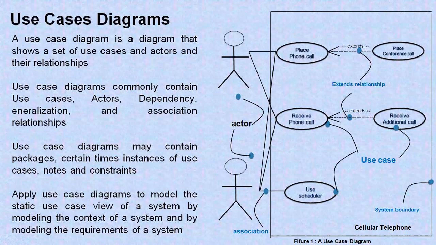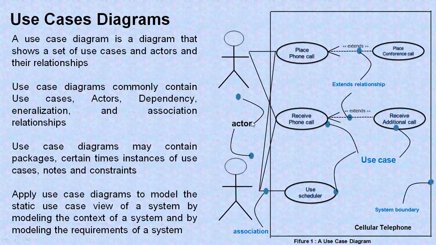In this figure, the subject is shown in a rectangle which contains the set of use case ellipses. The name of the subject is placed within the rectangle. The actors are shown with stick figures placed outside the rectangle, and their names are placed under them.